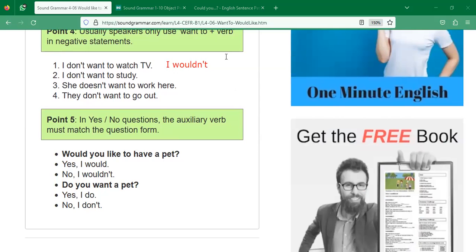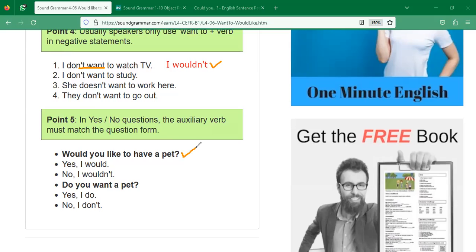So again, just to keep in mind this information. Give me a second so you can use the marker. Okay, so here we are. You can use want to, but also you can use would. I don't want to, or I wouldn't.